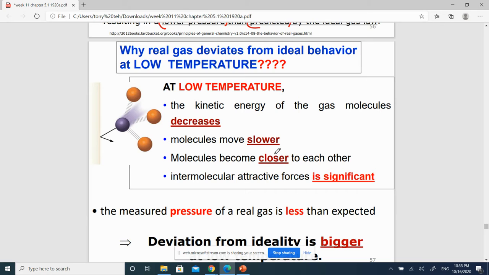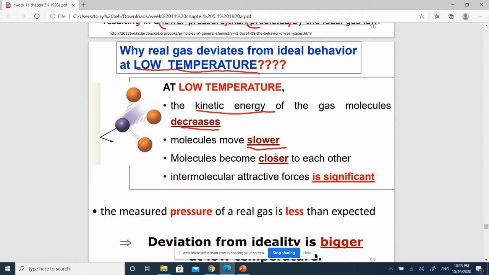Another one is that real gas deviates from ideal behavior at low temperature. Why? At low temperature, the kinetic energy of the gas molecules decreases. So molecules move slower and, again, when they are slower, they become closer. When they are closer, the intermolecular attractive force is significant. Initially, if it moves fast enough, it can maybe hit the wall three times, for example.